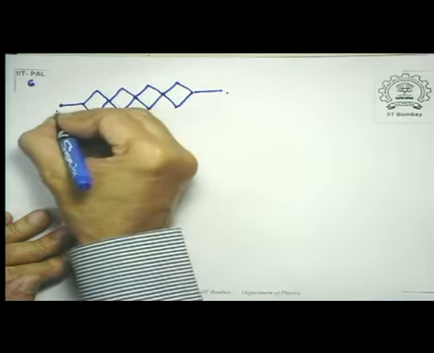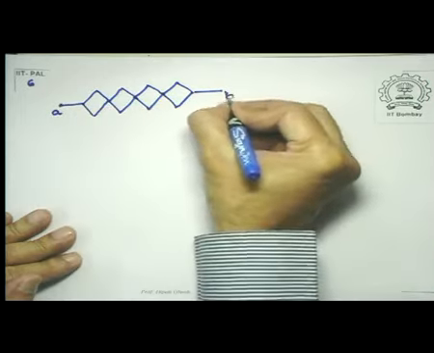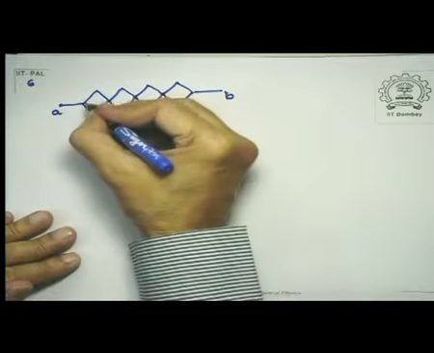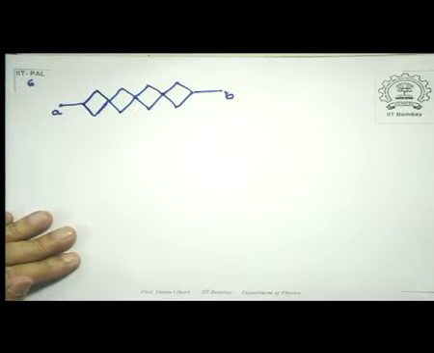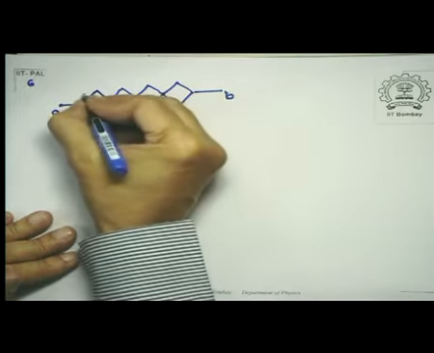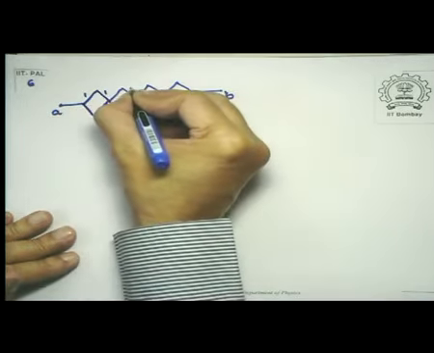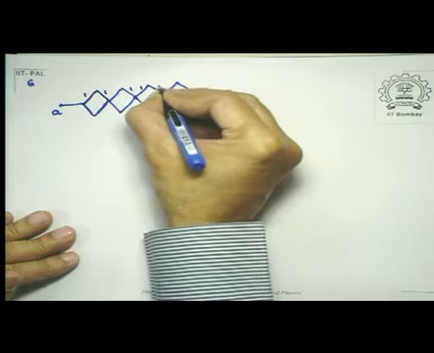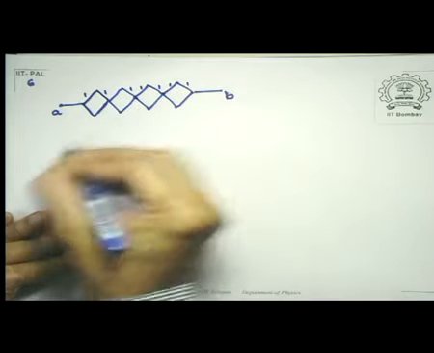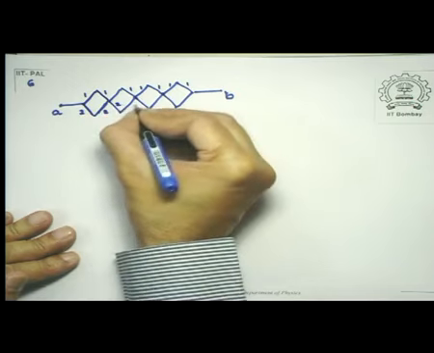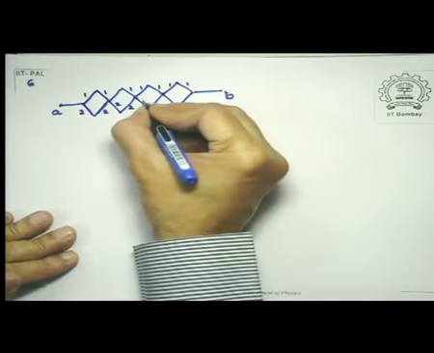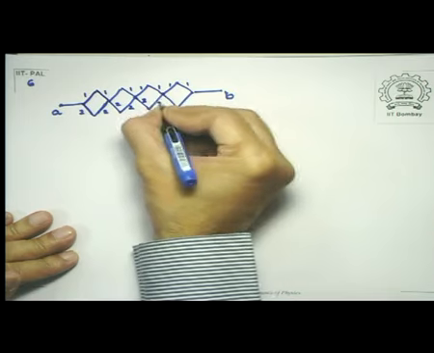So this is A, this is B, and these are all resistances, and the upper part each is 1 ohm and the lower part of each is 2 ohms. The connecting wires are of course not resistances.